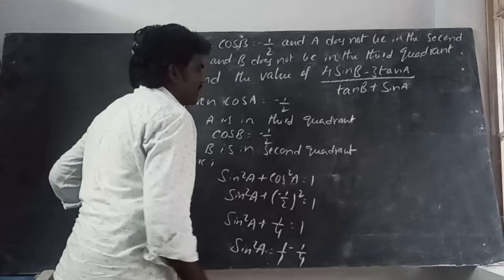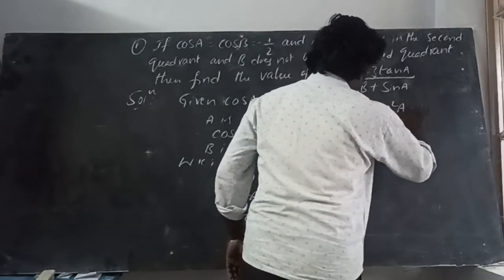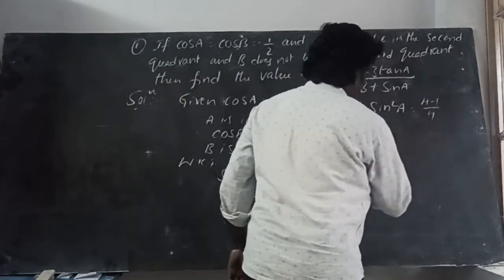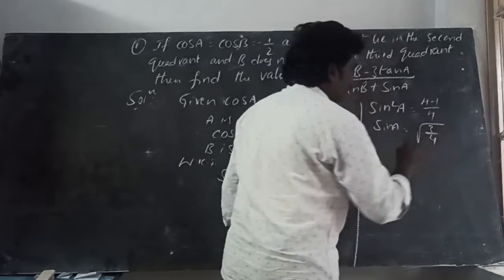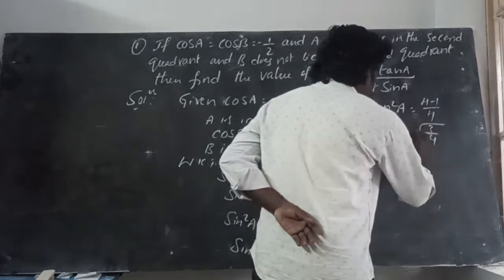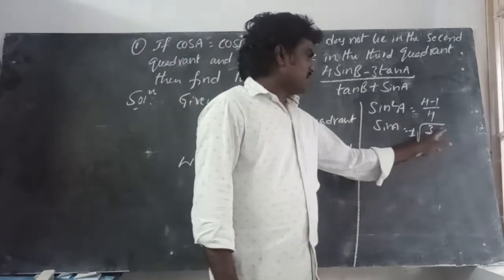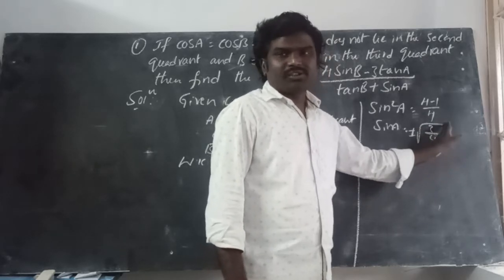1 is a whole number. Sin square A is equal to 1 into 4, 4 minus 1 by 4. So sin A is equal to plus or minus square root of 3 by 4. Square root of A by B is square root A by square root B, that is root 3 by root 4.